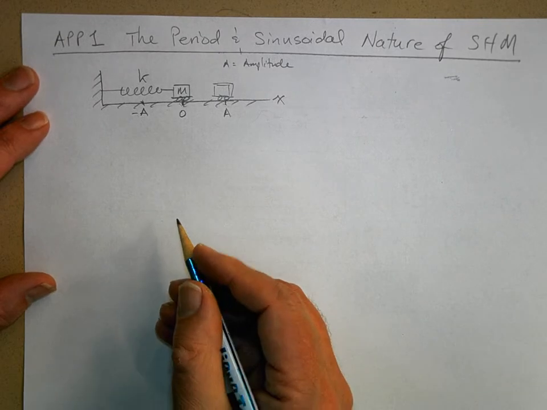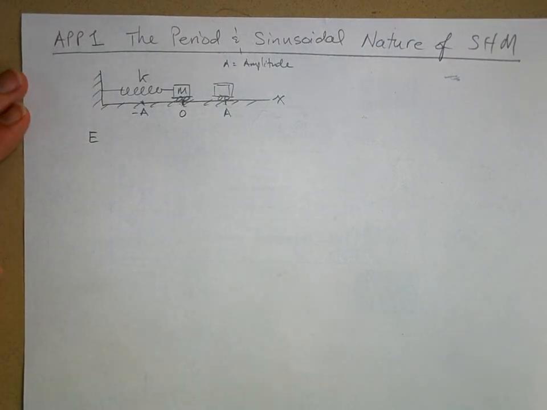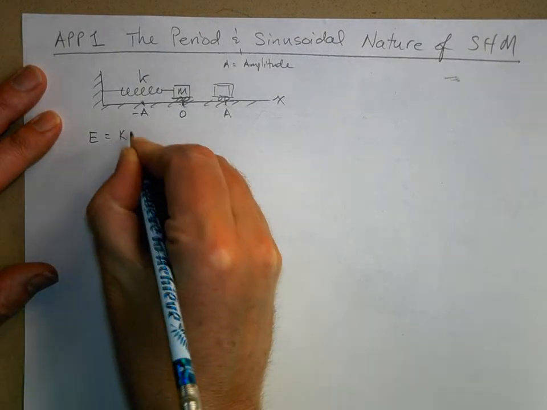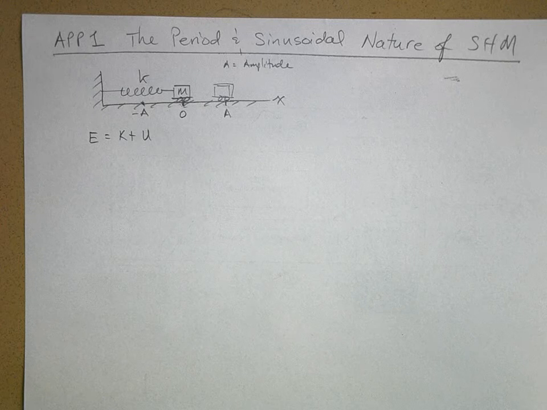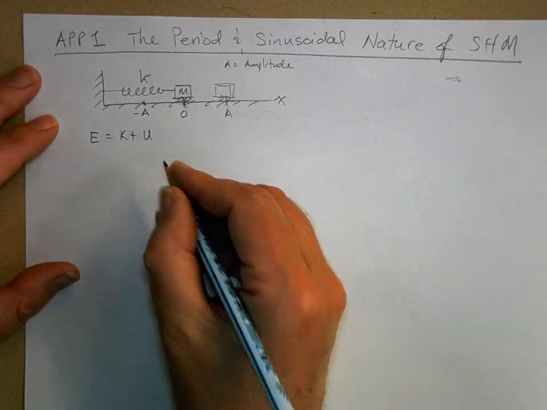Well, first of all, we're going to use energy, E. Not just any energy, mechanical energy. Mechanical energy is kinetic energy plus potential energy. What kind of potential energy do we have here? Elastic potential energy, right? The potential energy of a spring.